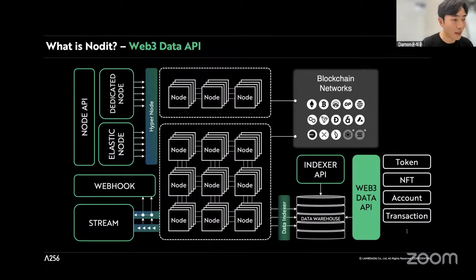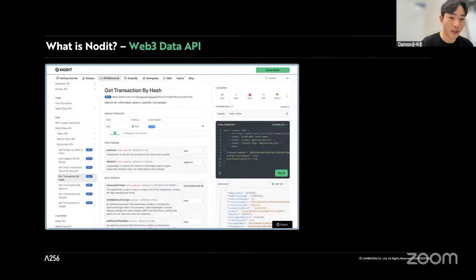For example, you can get token balances for a wallet, look up NFT holders, or retrieve transaction details without having to decode or traverse raw logs. It's a great tool when you need clean, ready-to-use data for your dApp logic, analytics, or front-end display. So it looks like a RESTful API.